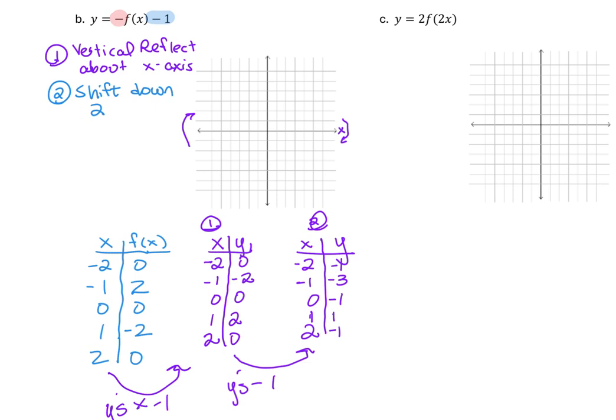If we plot these, let's see what happens. We get -2, -1. We get -1, -3. We get 0, -1. 1, 1. And 2, -1.